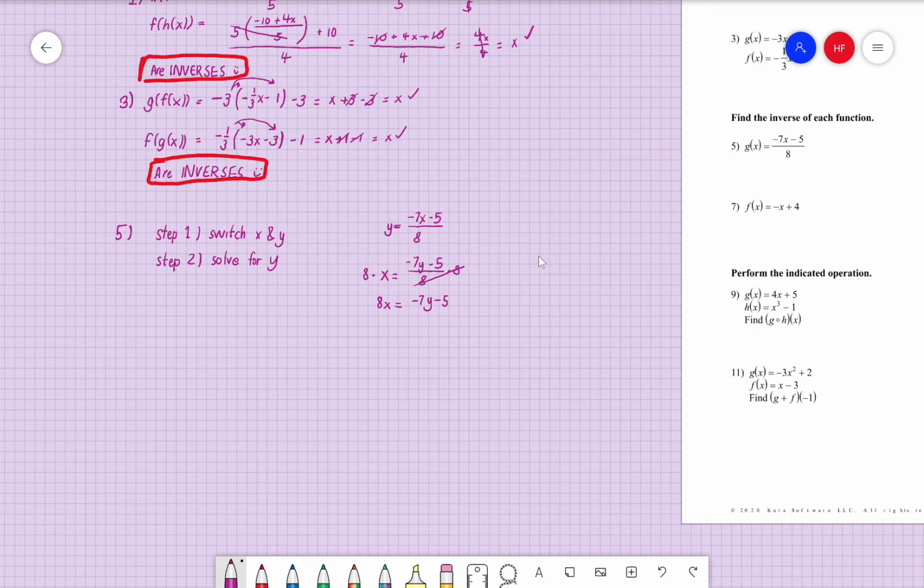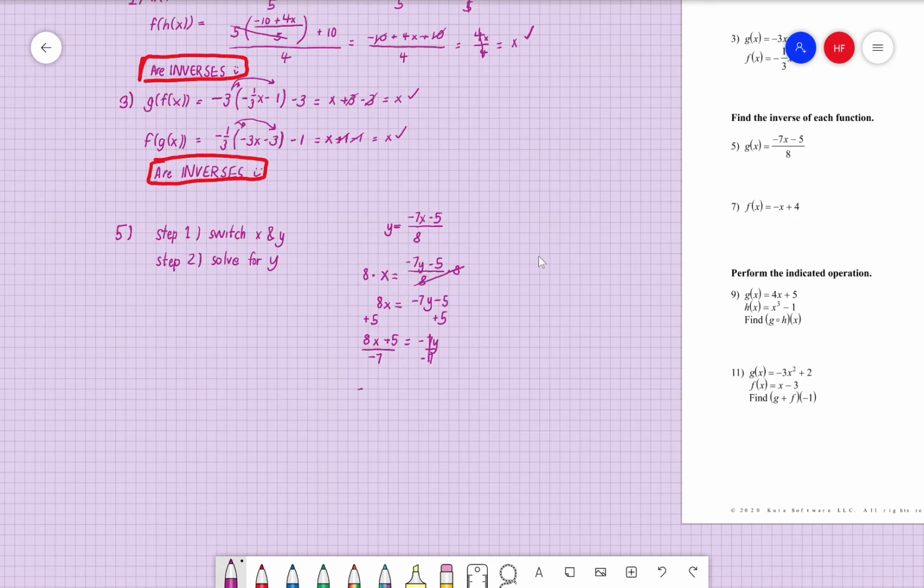Still need that y by itself, so I'll add 5 to both sides. I get 8x plus 5 equals negative 7y. I still need y by itself, so I'm going to divide that coefficient out. Remember to keep the sign on it when we divide.